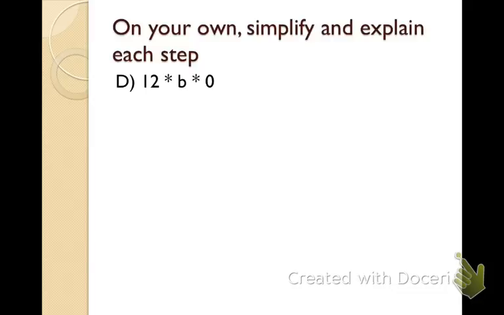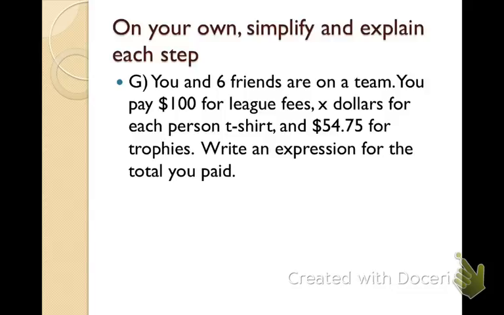So you have D, E, F, and then everybody's favorite, a word problem. So if you could, in the text box on the right, write the expression for the total amount that you have paid. So that's what I should see in the text box on the right. But you should, in your notebook, be explaining every step along the way.